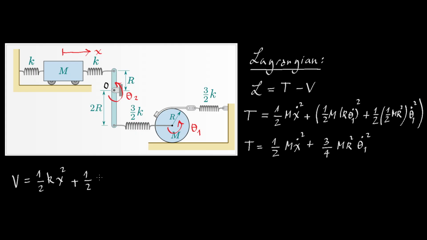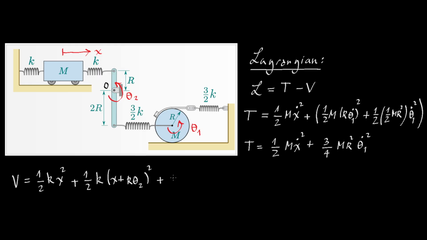If we analyze the small oscillations, then the deformation of this spring is equal to x plus the horizontal displacement of the upper extreme of this bar, which in our case is equal to r times theta 2. So this is the deformation of the second spring.